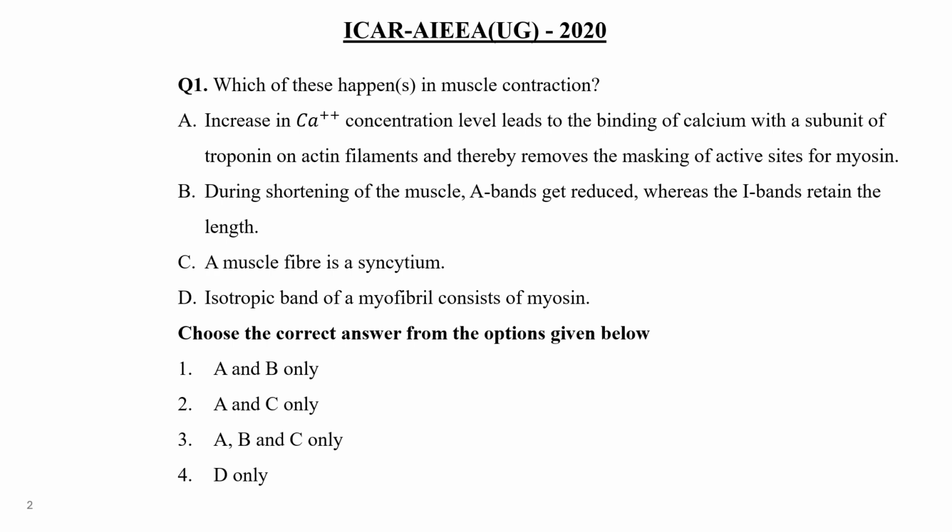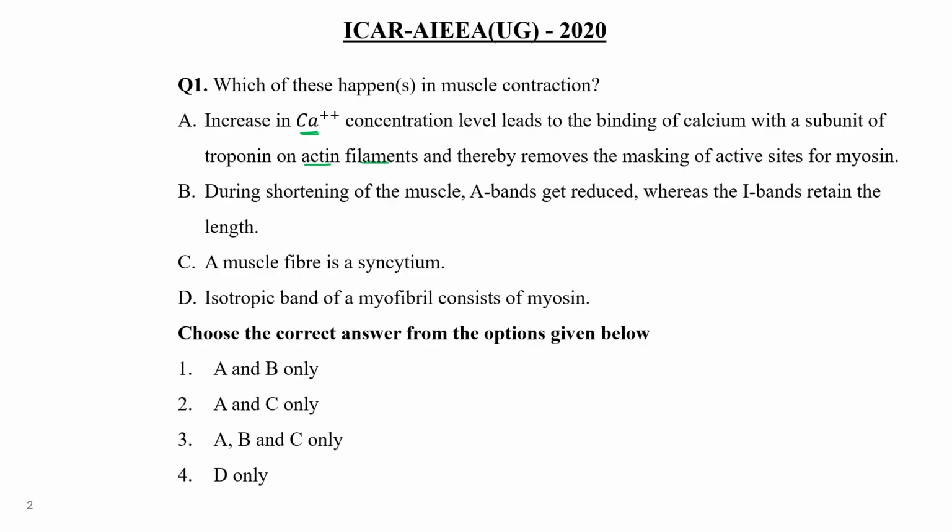Which of these happens in muscle contraction? So during the muscle contraction, obviously calcium level will increase, leading to the binding of calcium with the troponin on actin filament, right? And thereby removing the masking of active site for myosin.